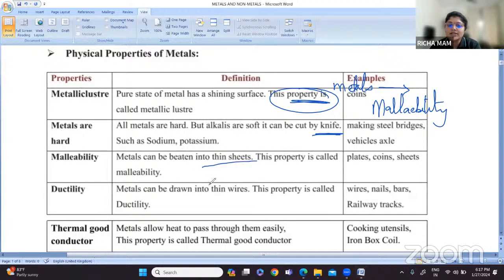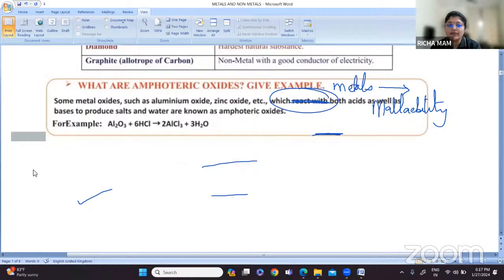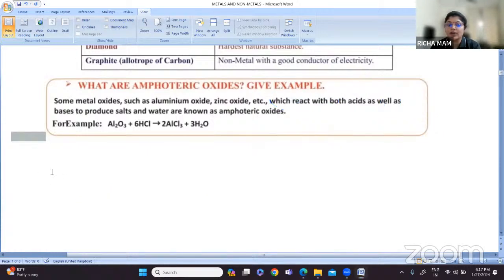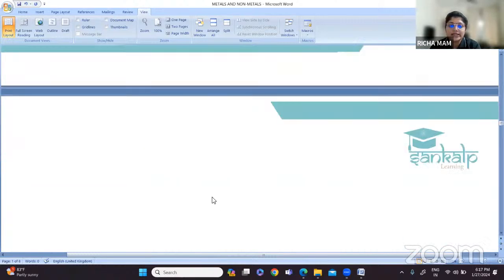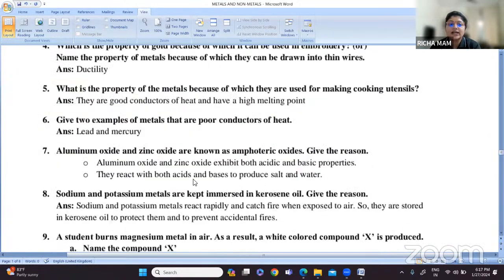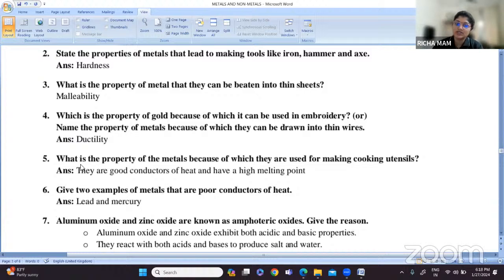The other property, where metals can be converted into thin wires, is ductility. So the answer is ductility.